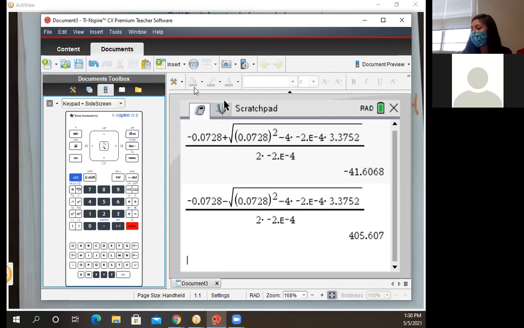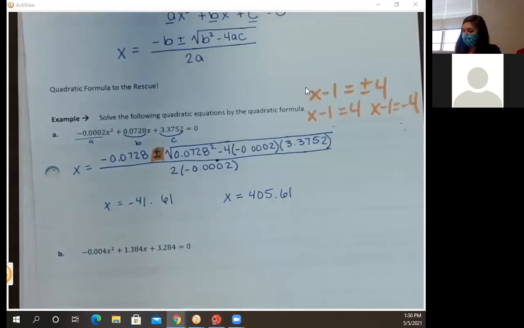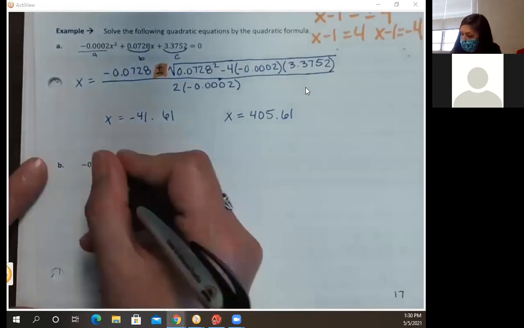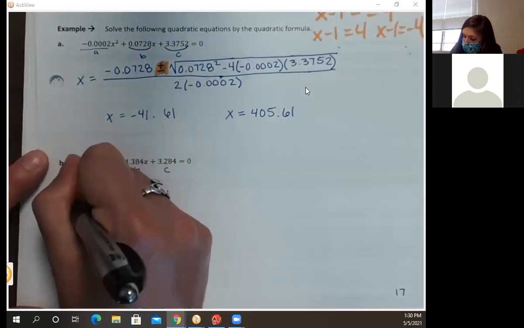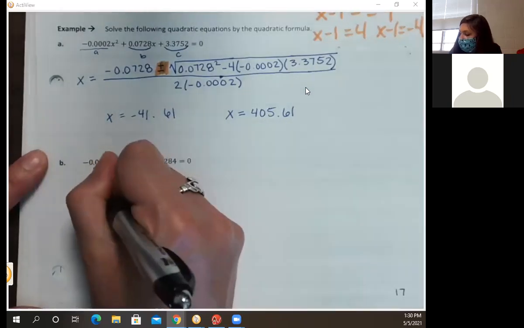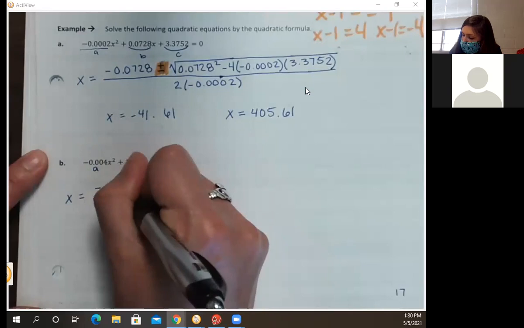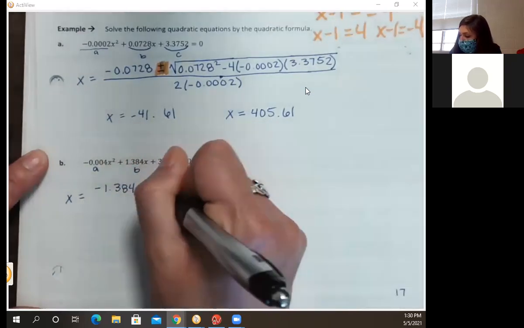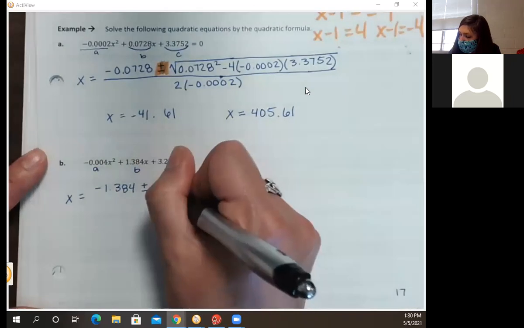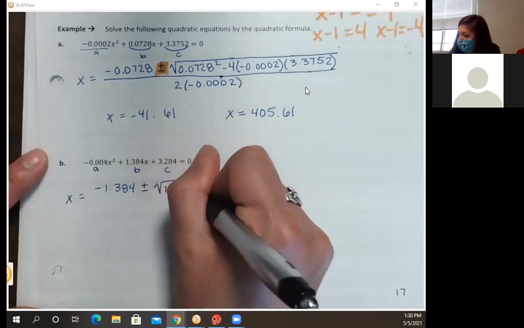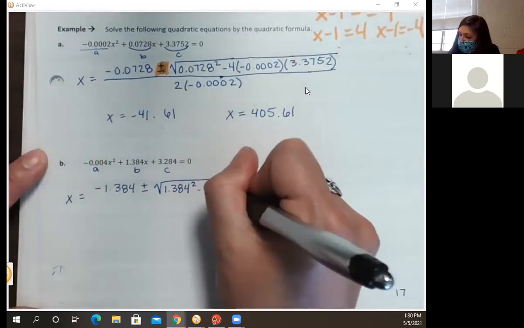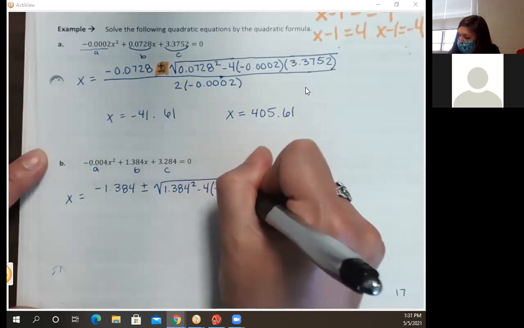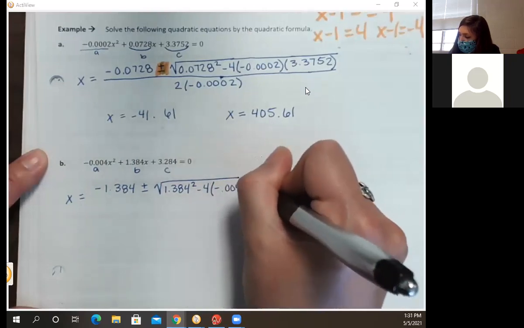I want you now to try this with B. So here's your A, here's your B, and here's your C. This would be negative 1.384 plus or minus, inside the square root, 1.384 squared minus 4 times our A value, which is negative 0.004 times C, which is 3.284.